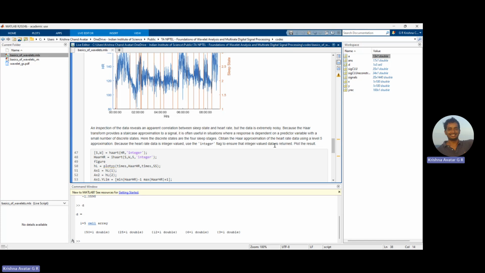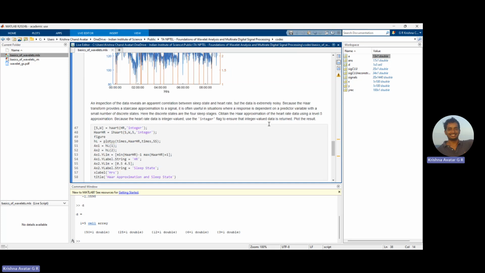You obtain the Haar approximation of the data using a level 5 approximation because the heart rate data is integer valued, so we use the integer flag. First we used the heart rate and determined the approximations and the levels of details, and then we reconstructed it at level 5 from that data.